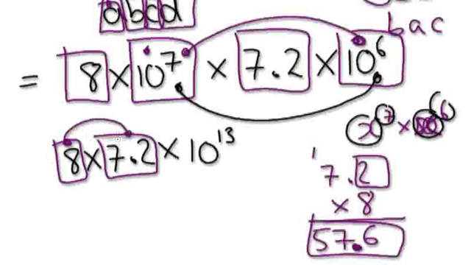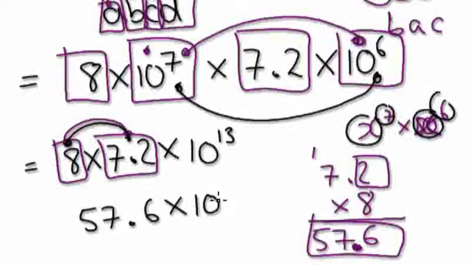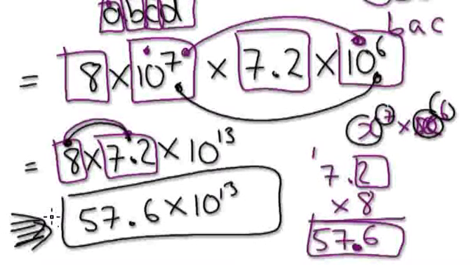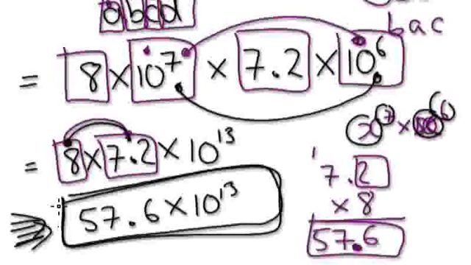So if you merge these two together, this would be 57.6 times 10 to the power of 13. This will be your final answer. You could convert it into your decimal form, but leave it in this form, because standard form is a lot more useful.